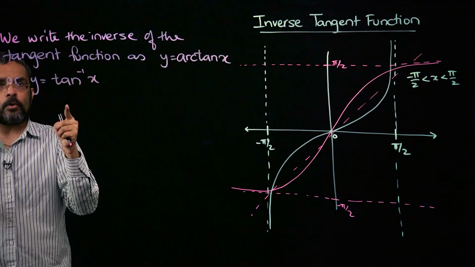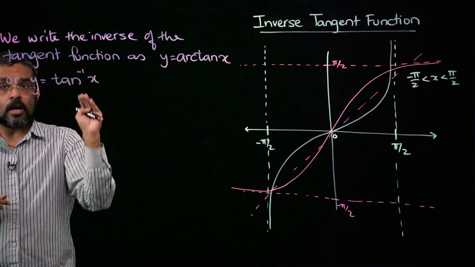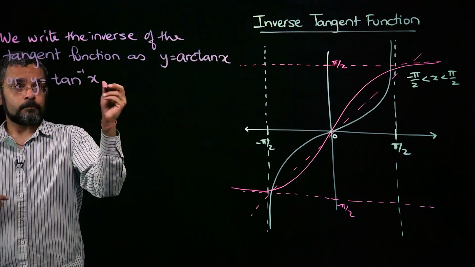Again, not to be confused with cotangent. This is not cotangent x, okay? This is not 1 over tan x, all right?